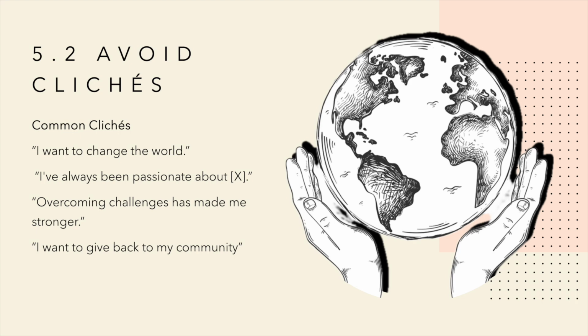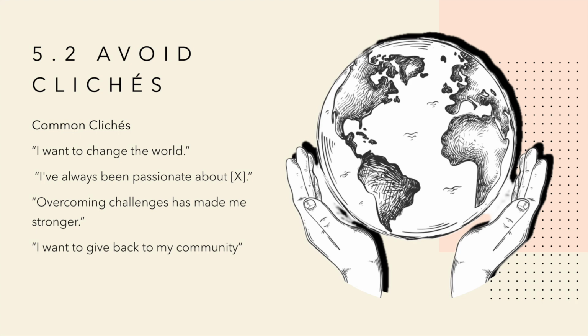Third, overcoming challenges has made me stronger. While it's true that challenges can lead to growth, this phrase is too vague. Instead of saying this, describe a specific challenge you faced and how it impacted you. Show the growth, not just tell about it. And fourth, I want to give back to my community. This sounds nice, but it's a broad goal.